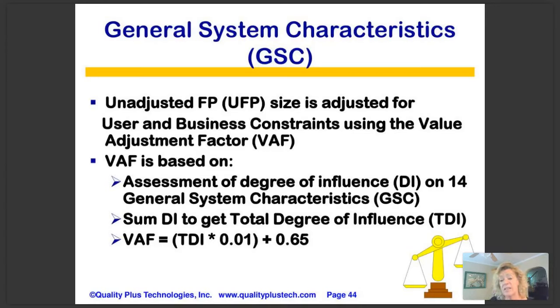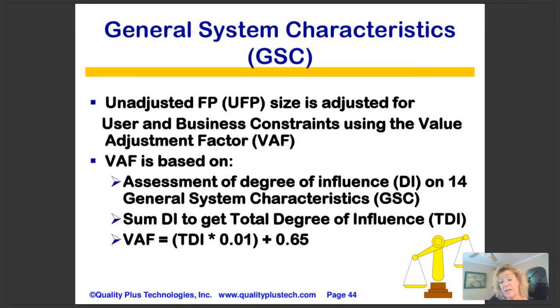That means my value adjustment factor for very, very simple systems would be 0.65. The maximum is if every single one of those general system characteristics ended up being a 5. So that would give me 70 times 0.01, which would give me 0.7, plus 0.65. That would give me a 1.35 multiplier.